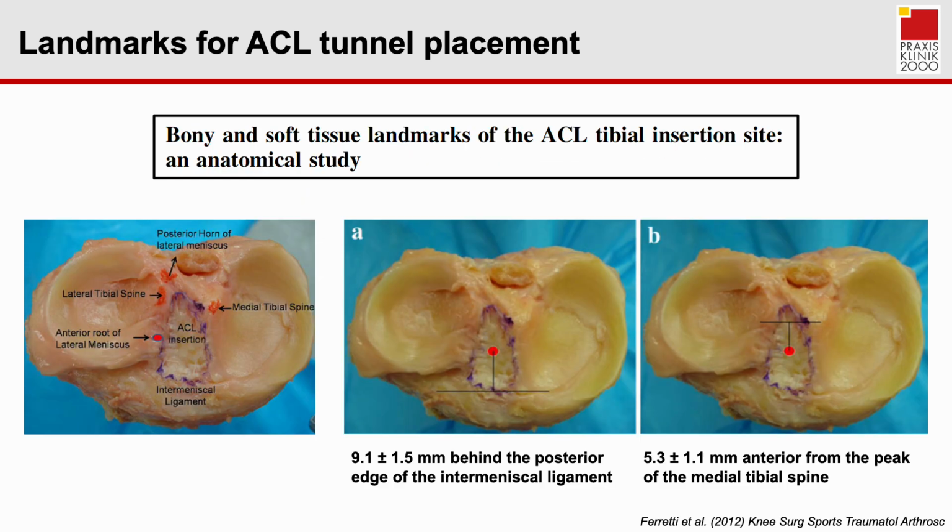Ferretti et al. found the posterior edge of the intermeniscal ligament and the peak of the medial tibial spine to be the most reliable landmarks. They described the center of the ACL footprint to be located 9.1 mm behind the posterior edge of the intermeniscal ligament and 5.3 mm anterior from the peak of the medial tibial spine.